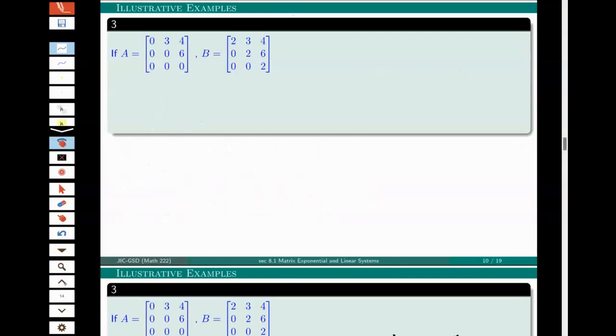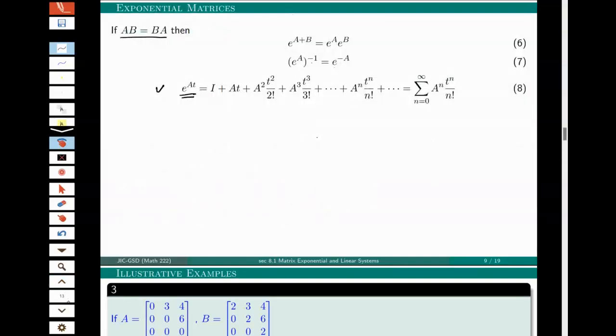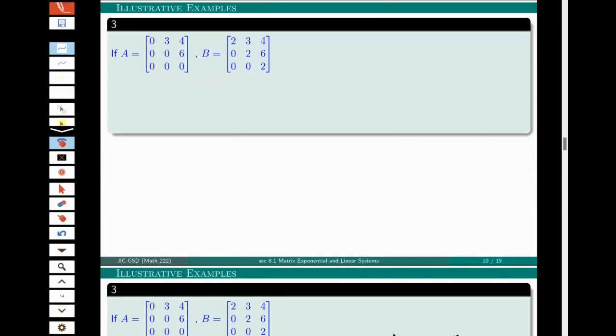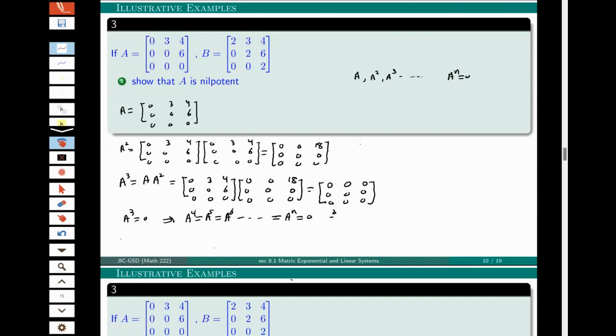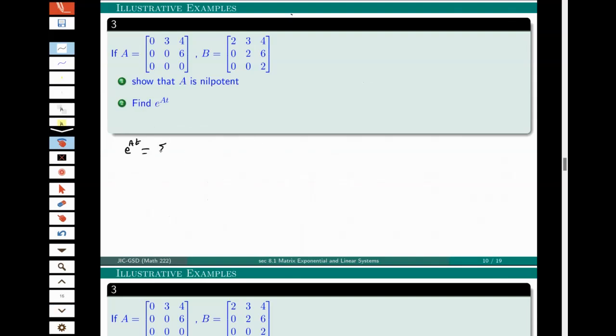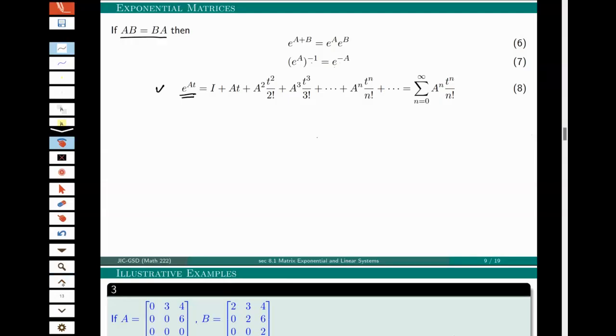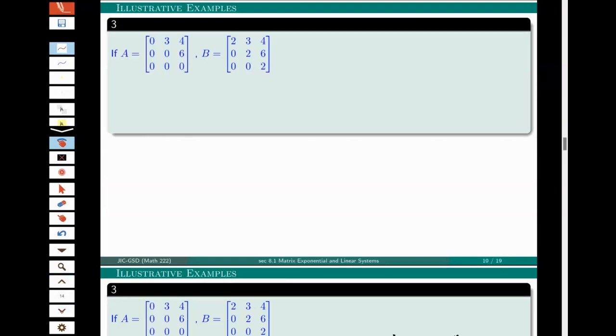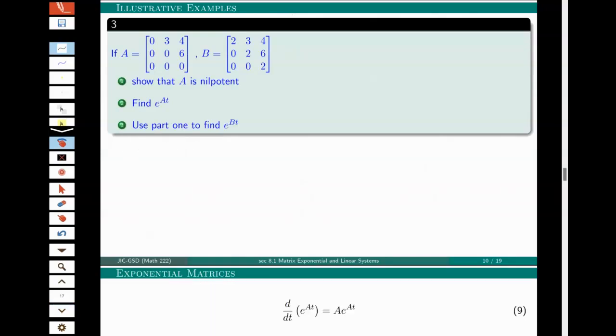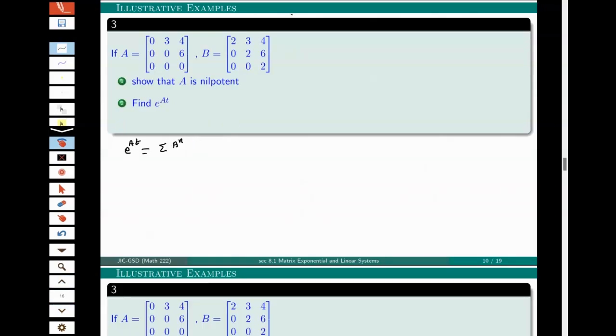We said e to the power At is the summation of a to the power n, t raised to the power n, over n factorial. That is e to the power At.